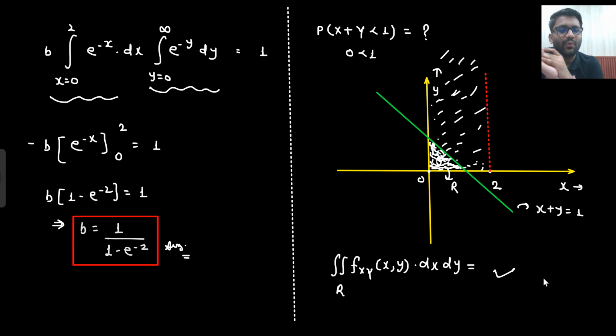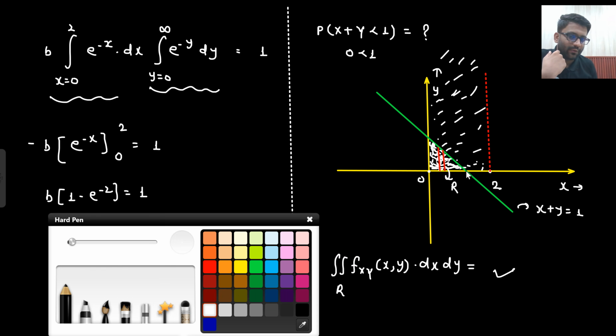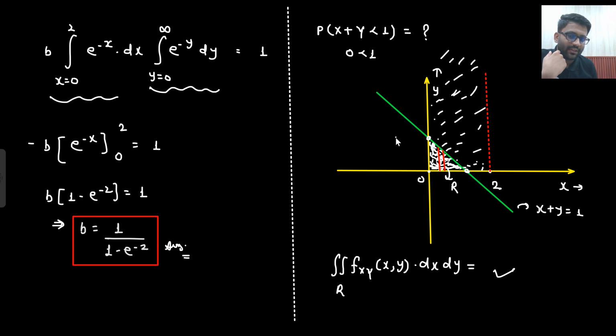Now, do you know how to integrate? Surely you know how to integrate. So what you will do? In the region R, you will take the strip. Since this line is x plus y equals to 1, this point will be x equals to 0, y equals to 1, and this point will be x equals to 1, y equals to 0.